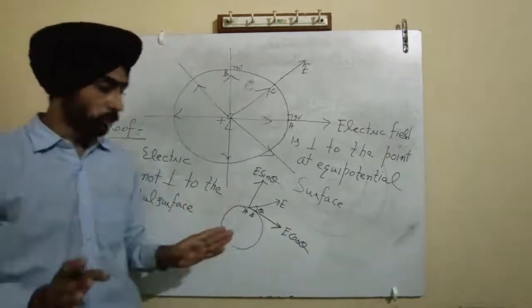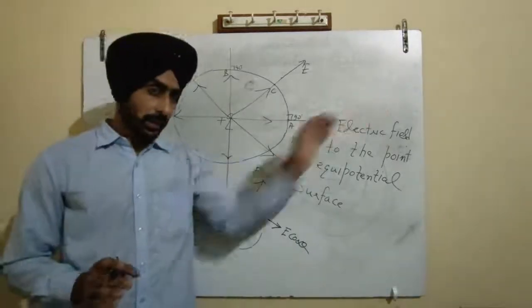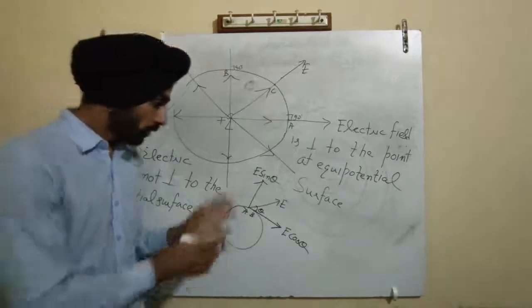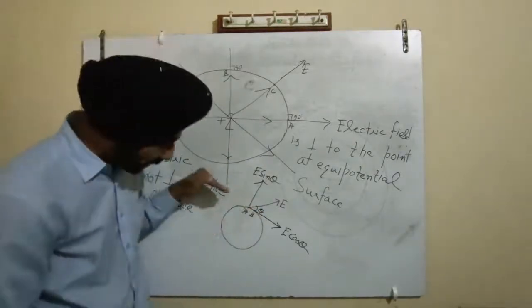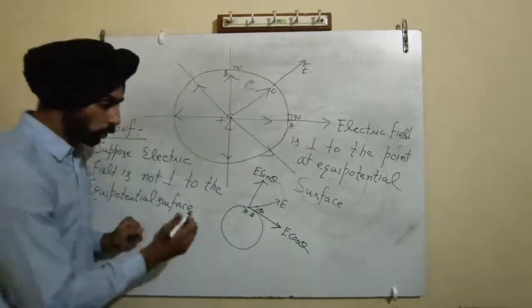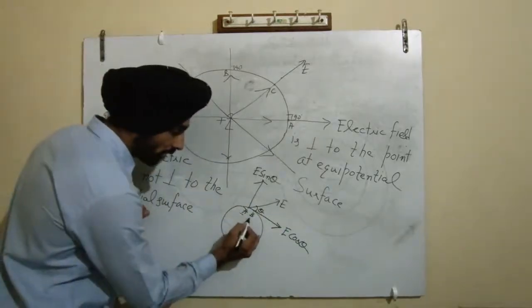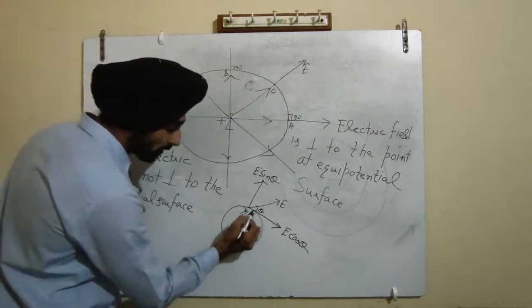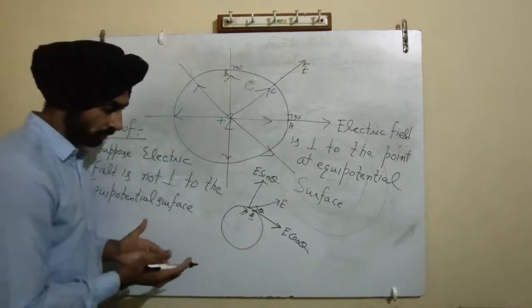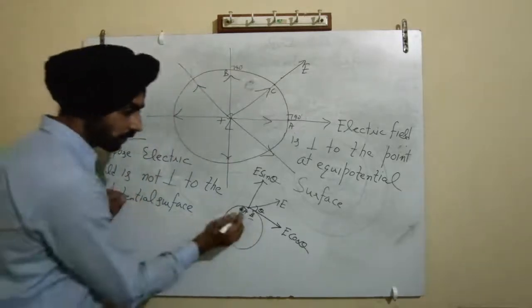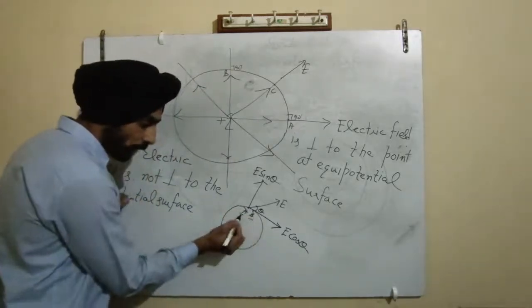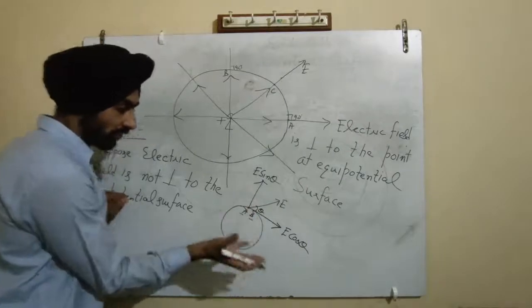If the electric field is not normal to the equipotential surface, that means it has a component along the surface. Due to that, at point A and at point B, because they are at different distances, the electric field at point A and at point B is different.